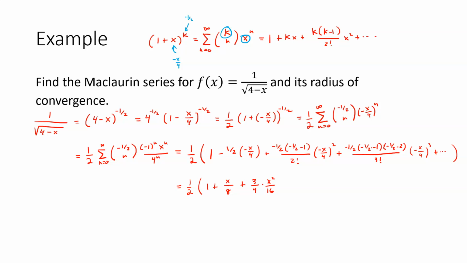So that'll be 3 over 4 times negative 5 over 2, so that'll be negative 15 over 8.